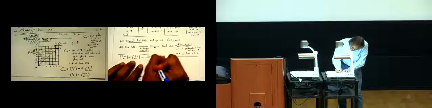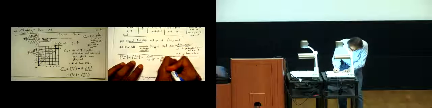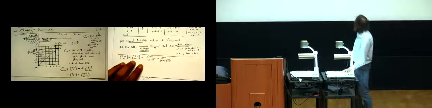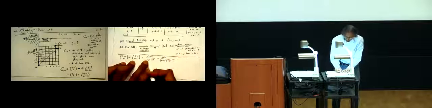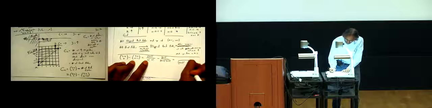2n factorial over n factorial n factorial, minus 2n factorial over n plus 1 factorial, n minus 1 factorial. Ugh, common denominators. Multiply top and bottom by n here and I get something with an n plus 1 factorial, n factorial.